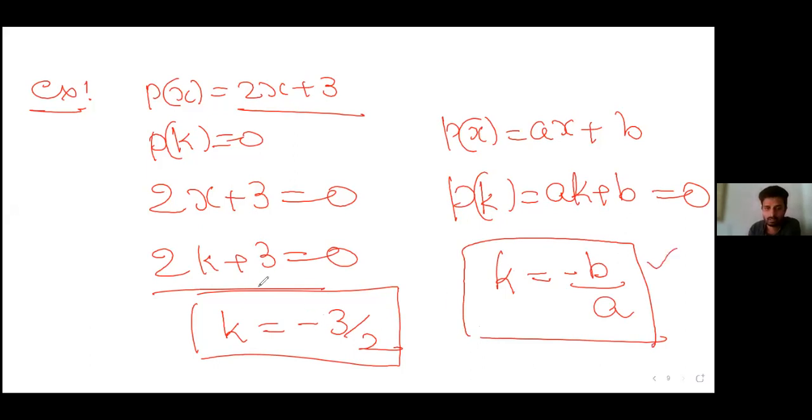You can see here, this term is b, and this is a, right? So that gives me minus 3 by 2. So the general form of a linear polynomial, to find its zero, has this form: k is equal to minus b by a.